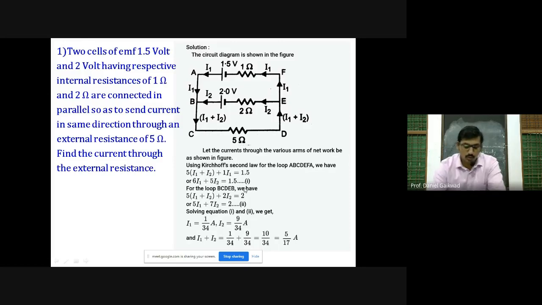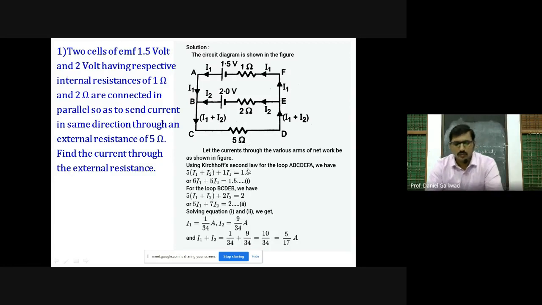Now check carefully the solution of this problem. Let the current through the various arms of the network be as shown in the figure. So first of all we mark the currents, their directions, and the corresponding values of resistance and EMF. Now using Kirchhoff's second law for the loop ABCDEFA, that total complete large loop, we apply Kirchhoff's second law.